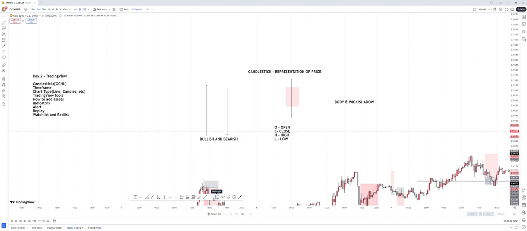The bullish candlestick opens at the bottom and closes at the top. And then the bearish candlestick opens at the top and closes at the bottom. Let me write that down again.